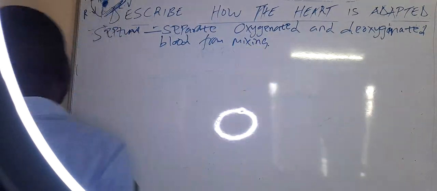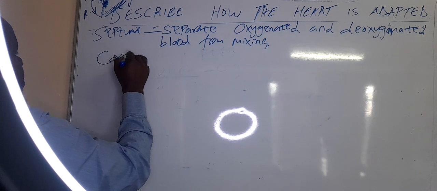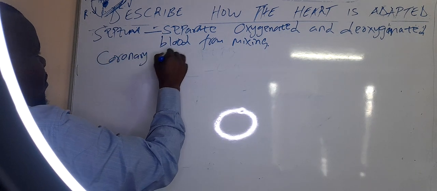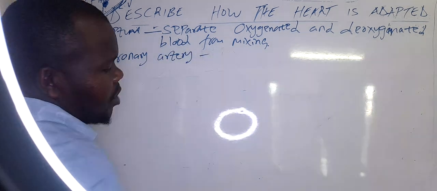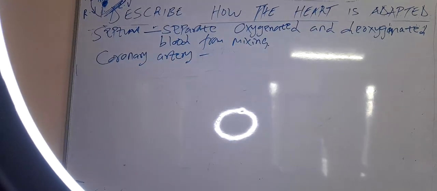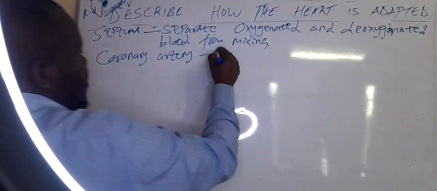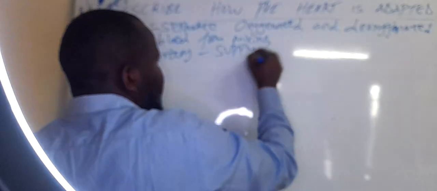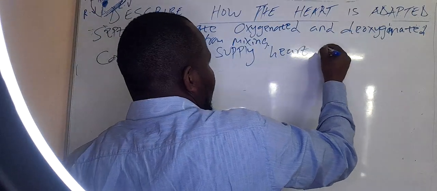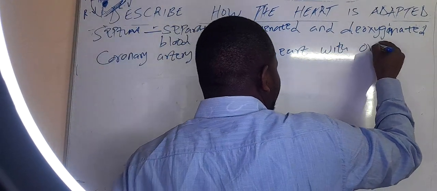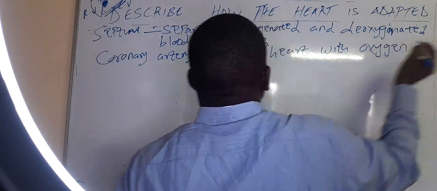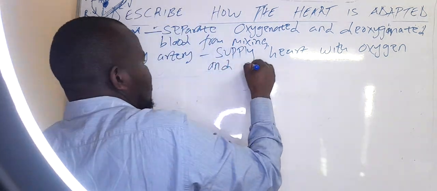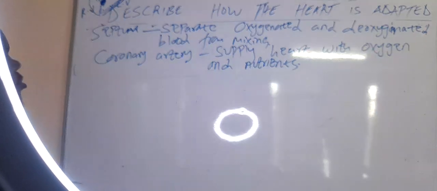That is one. We have coronary artery. And this coronary artery, what will be the role of the coronary artery? It will be supplying the heart with oxygen and nutrients. Oxygen and what? Nutrients.